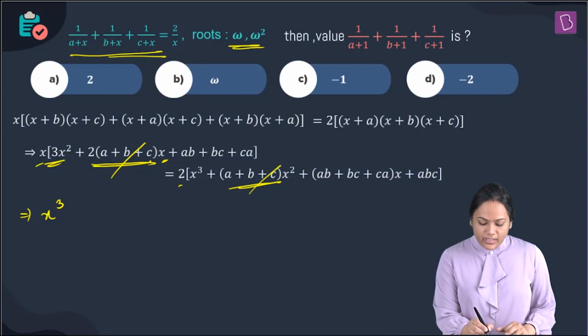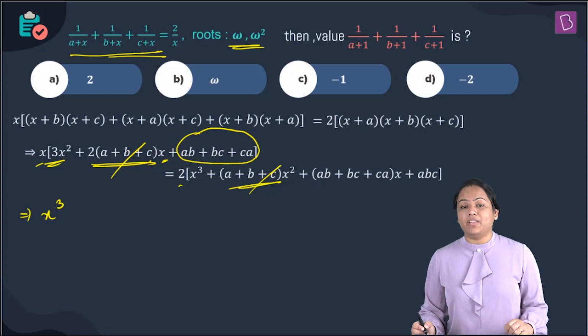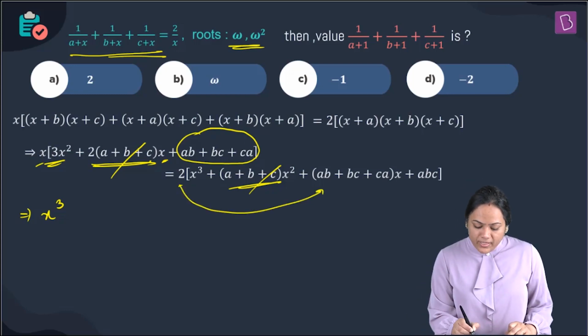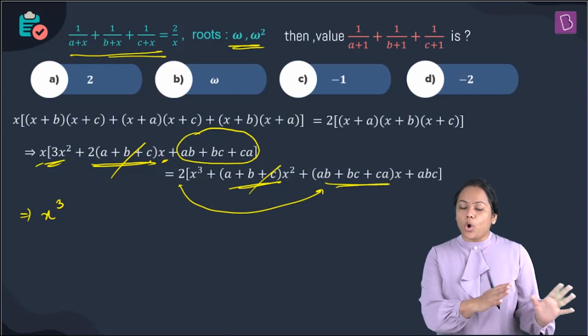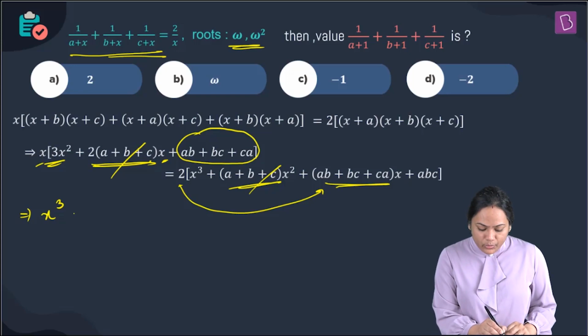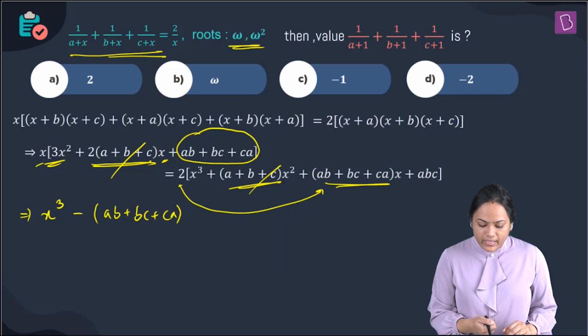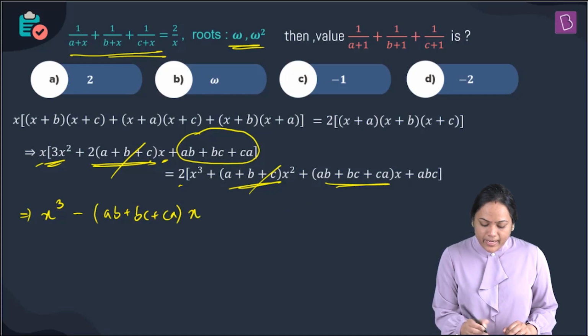Then I have AB plus BC plus CA one time on my left hand side multiplied by x, while on the right hand side I have twice of AB plus BC plus CA multiplied by x. So when I bring this also to my left hand side, I'm going to get minus of AB plus BC plus CA multiplied by x.